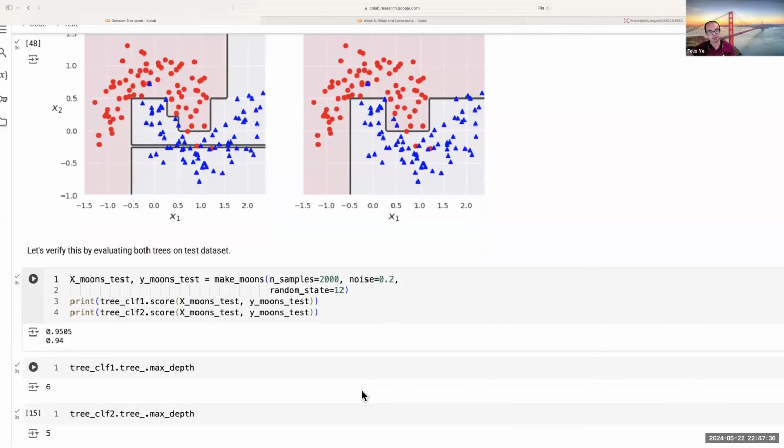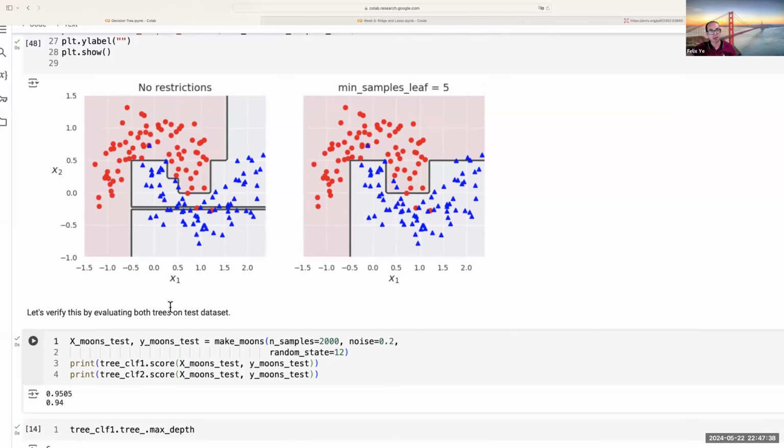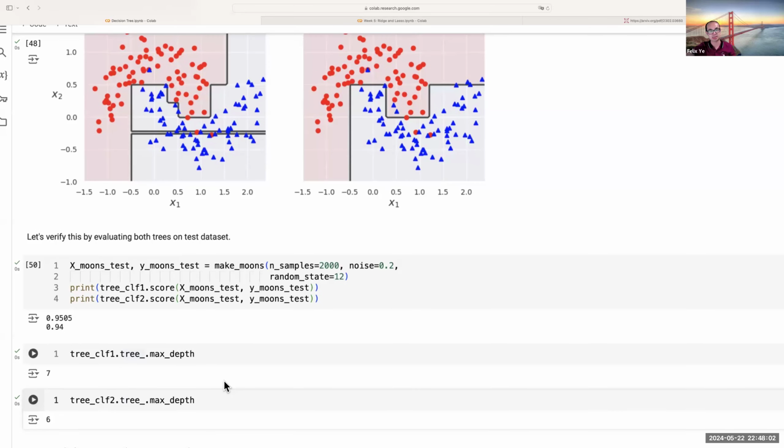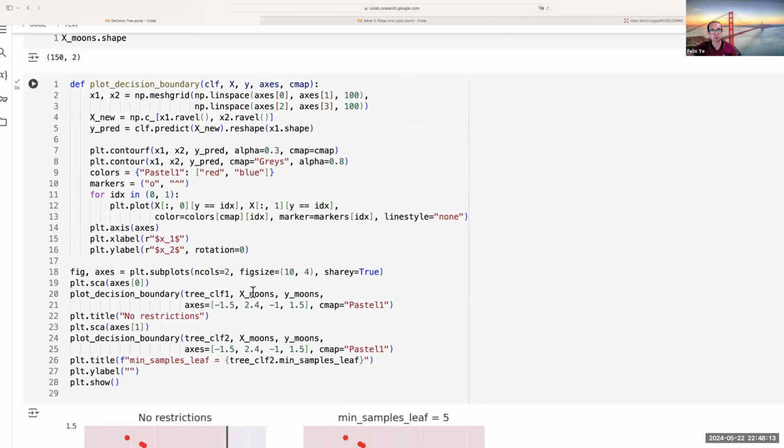So in this specific case, without any restrictions, our score turns out better, and with minimum sample leaf equal to 5, we only get 94% accuracy. In the first tree, the maximum depth is 7. In the second one, the maximum depth is 6. So this is only 1 layer lower. We can try something a little bit more, see whether it makes sense.